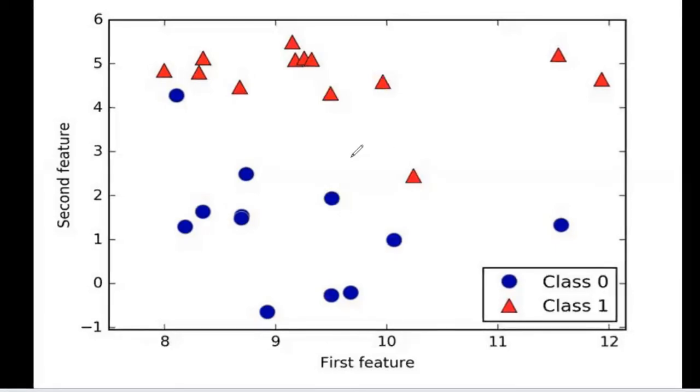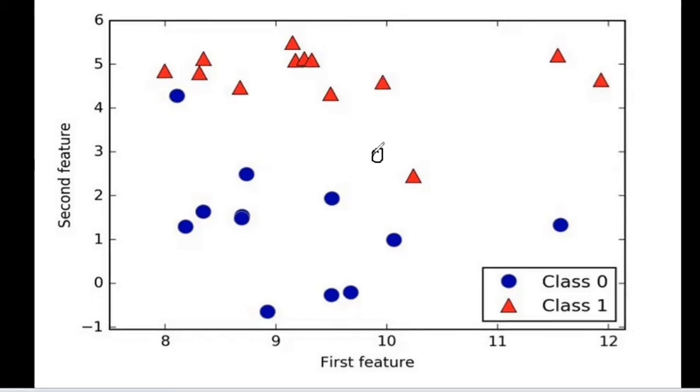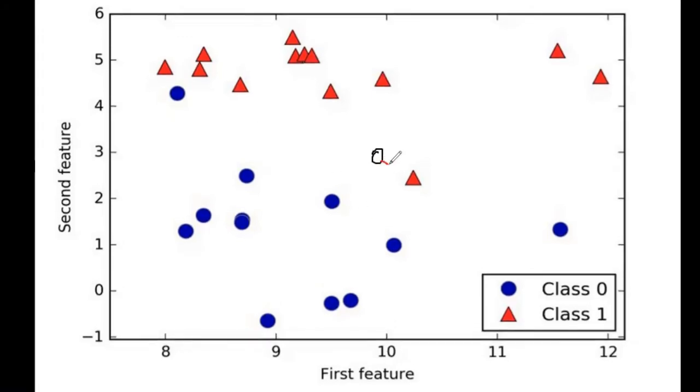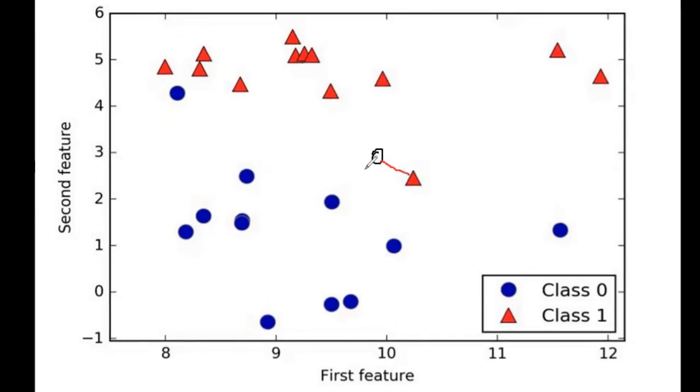Okay, let me use this data point here. Let's see what will happen when we go through it. This is the data point. Now let's draw the neighbors. Using one neighbor, I think I will have this. Using two neighbors, I think I will have this, right?